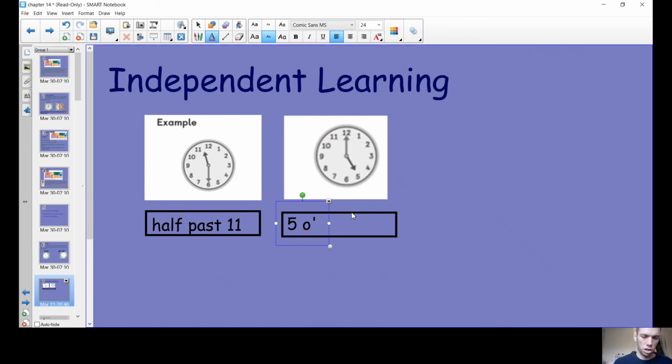And then we write k. 5 o'clock. So when you're needing to do your maths writing today, we would like you to write your answers like this. 11:30 with the words half past at the beginning and the number at the end. And when we write o'clock, we would like you to write the number at the beginning.